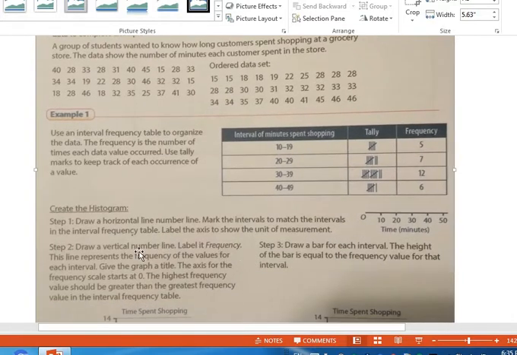Step 2: draw a vertical number line and label each frequency. This line represents the frequency of the values for each interval. Give the graph a title. The axis for the frequency scale starts at 0. The highest frequency value should be greater than the greatest value in the interval frequency table.